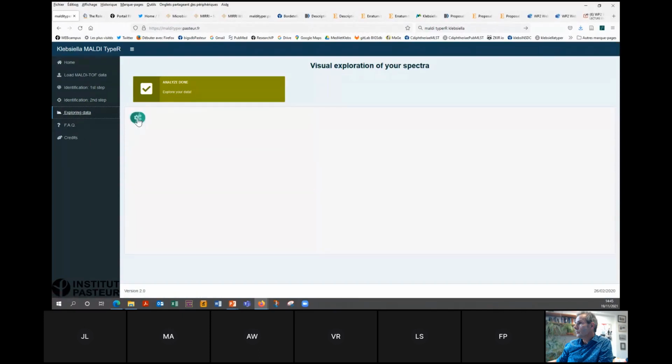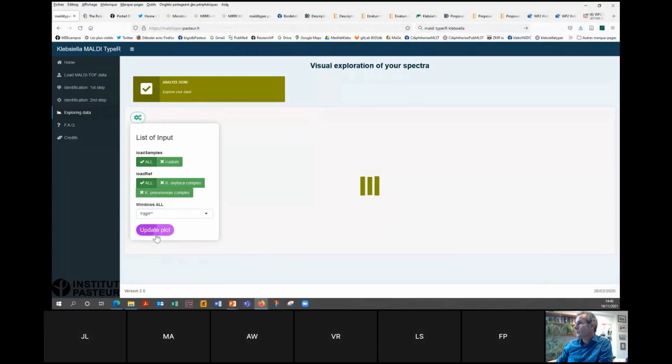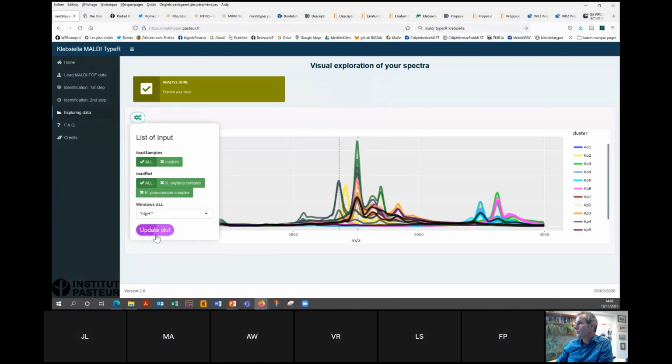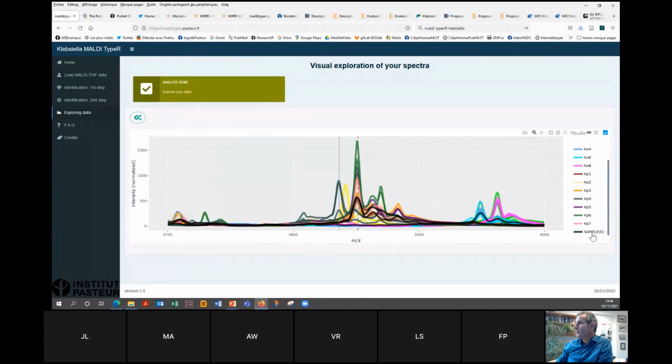Now, the next thing is you can also visualize the data. In particular, if you have atypical strains, it's quite interesting to look at what's happening with their spectra in comparison with reference strains. And so here you can see your isolate in black, typically at the bottom of the list, and you can compare the peaks with a number of reference strains that we have loaded into the system.